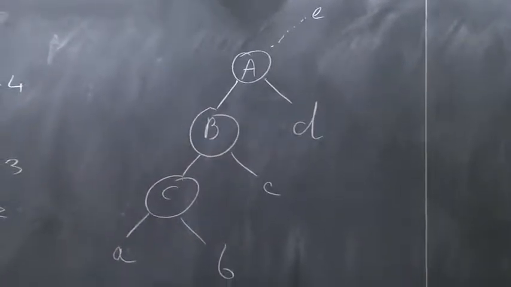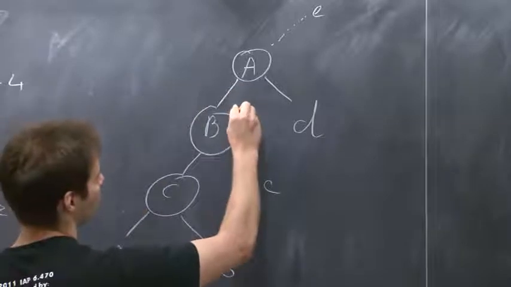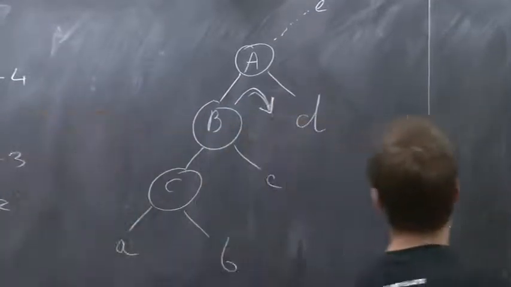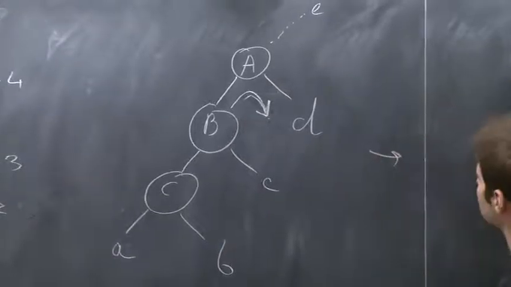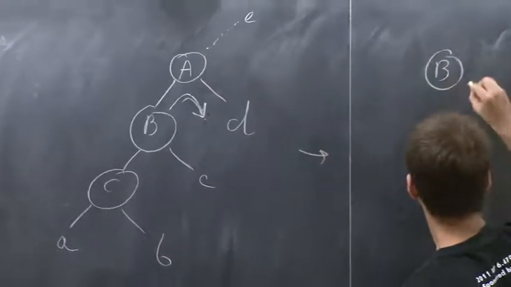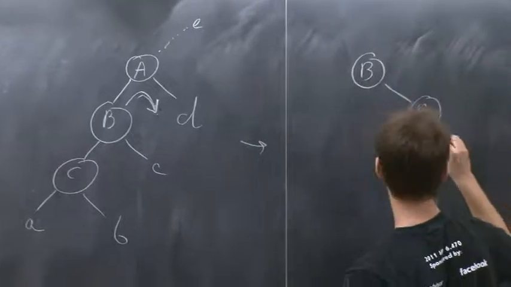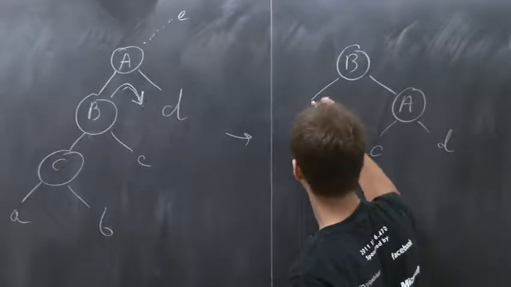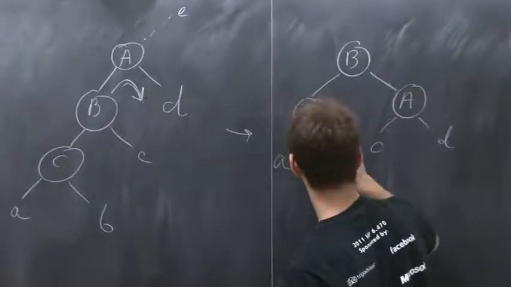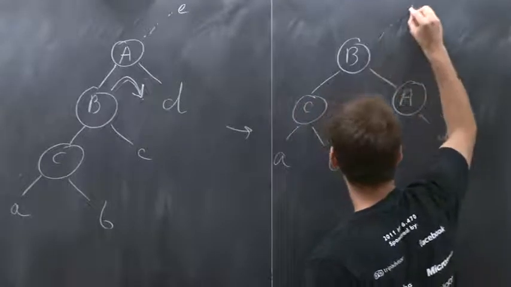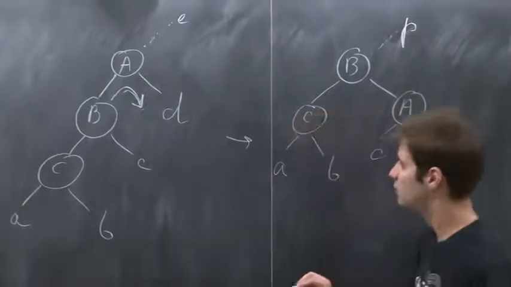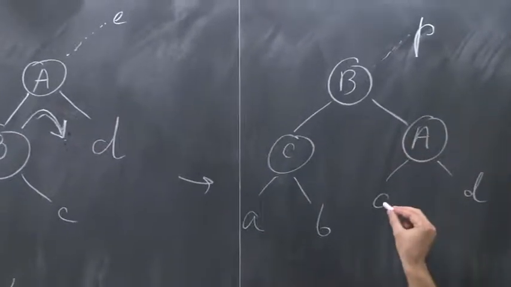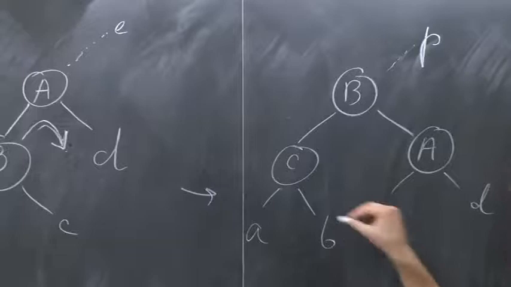If I want to do a right rotate here, so if I want to rotate the tree like this, then after rotating it's going to look like this: B, A. Notice that C got moved from B to A, but in such a way that the whole thing is still a BST.